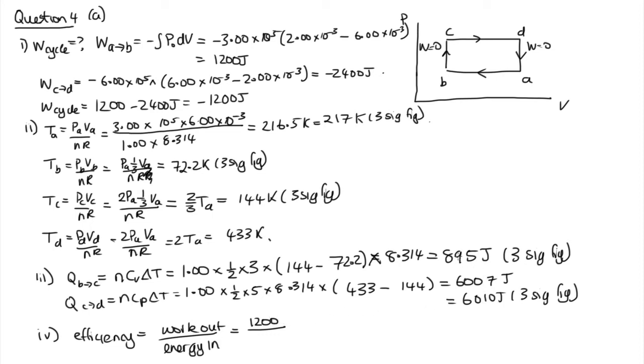So we can add these two together, 895 plus 6,010. And solving that, we end up with 0.174. But it asks us to give it as a percentage, so that is equal to 17.4%. If we did just the work done from C to D, we'd end up with double this.